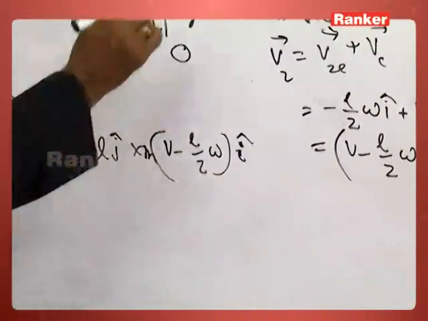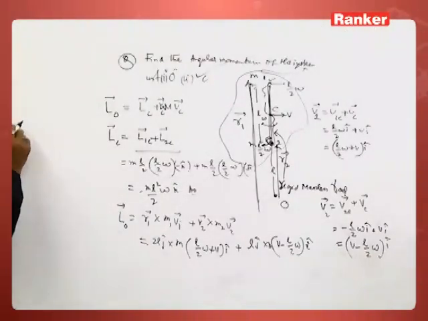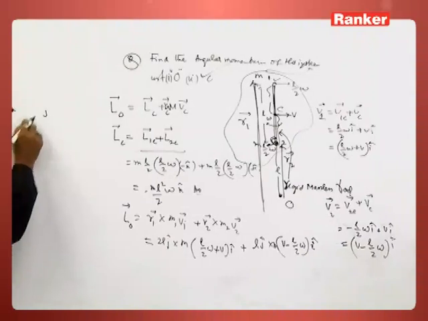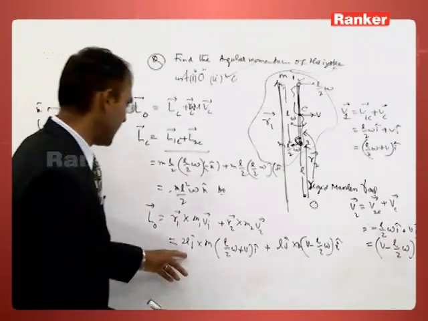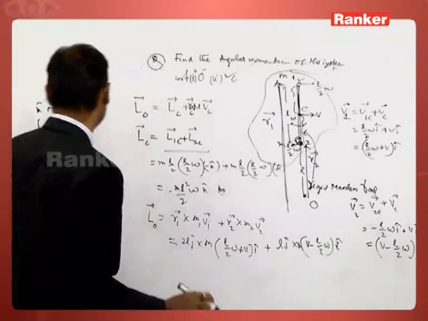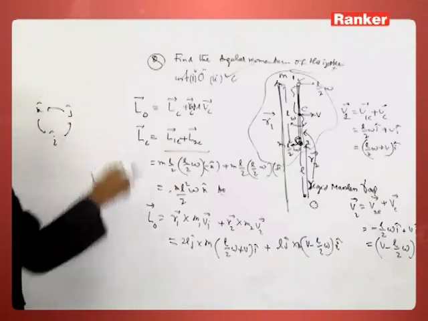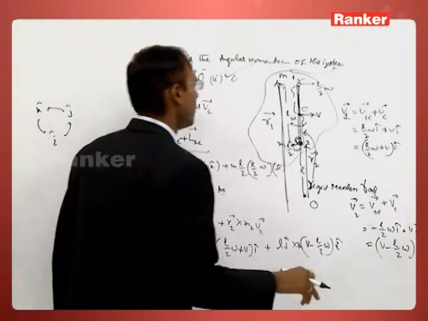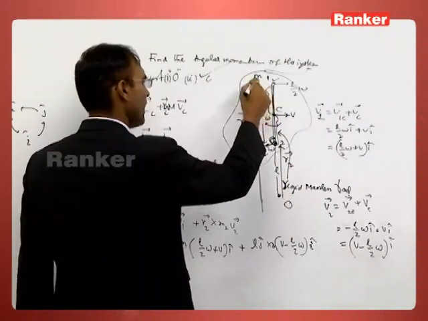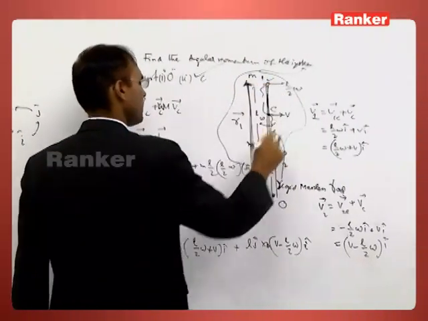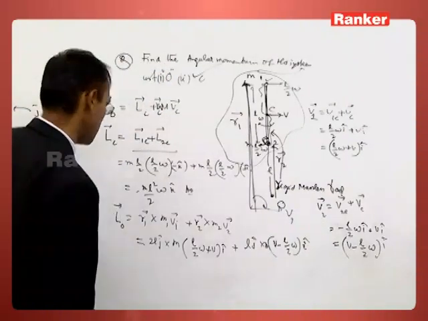Into M. I, J, K. J cap cross I cap equal to minus K cap, or anti-clockwise direction, because R cross V1 is clockwise.